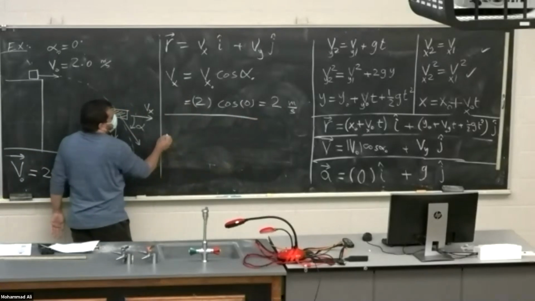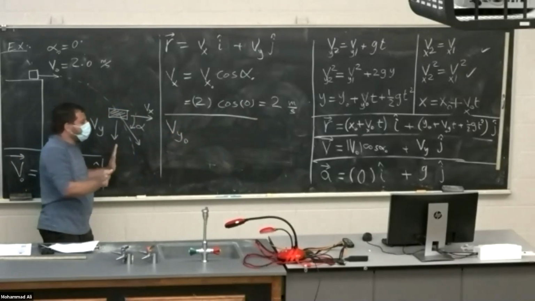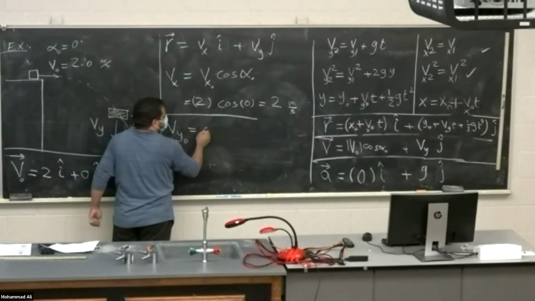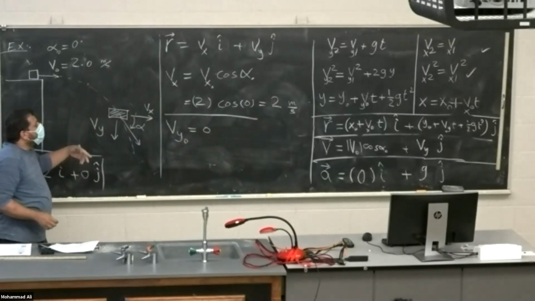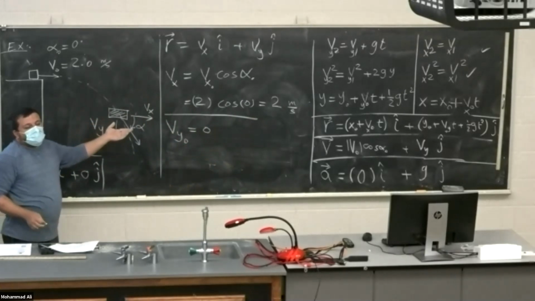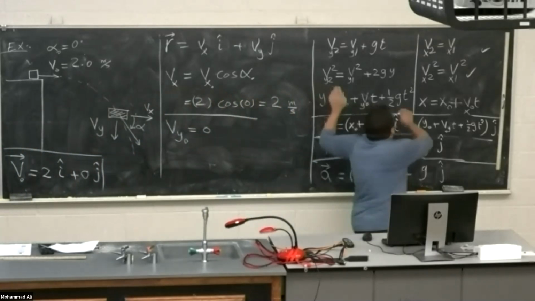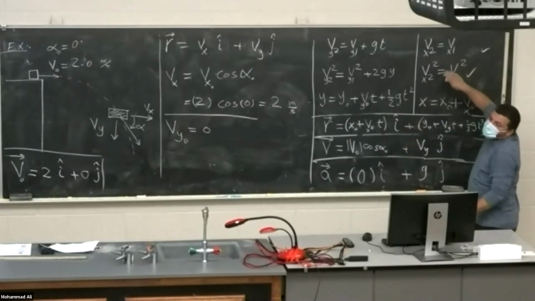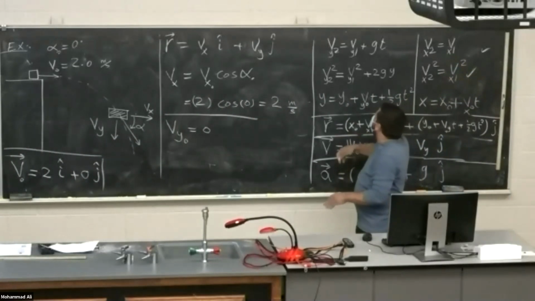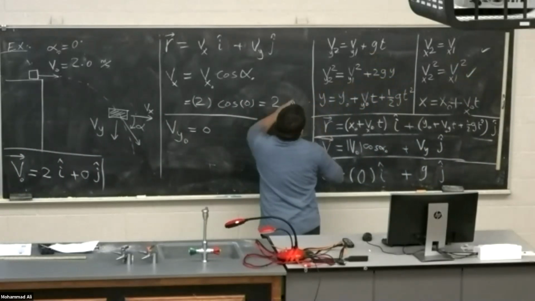What about Vy? No, Vy naught is equal to 0. You can see it. What about Vx? It is always 2. It will not change its magnitude. What about Vy? Let us use this equation.